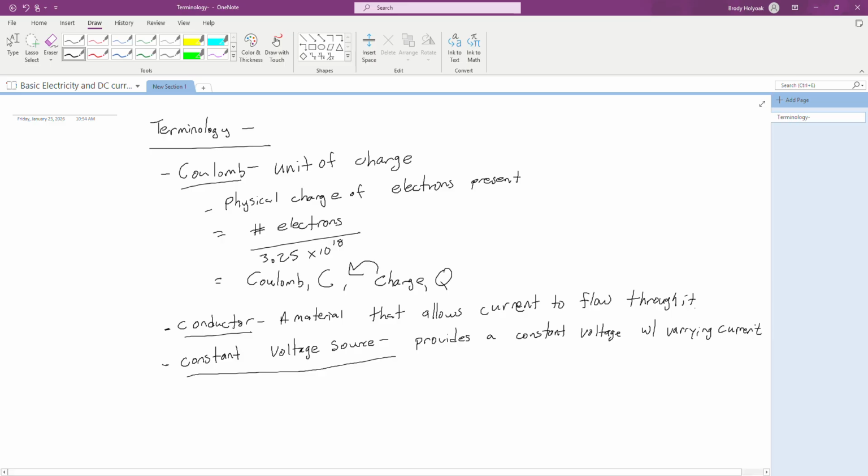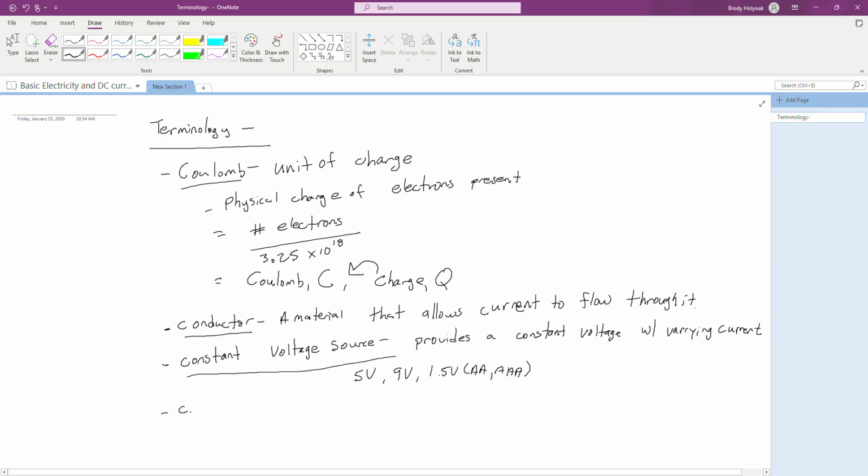So it will do whatever it needs to do to the current to maintain the voltage. This is where we get things like a 5-volt source, a 9-volt battery, a 1.5 volt AA or AAA battery. Okay, so it's going to put out whatever current it needs to what it's connected to give you this voltage at all times.